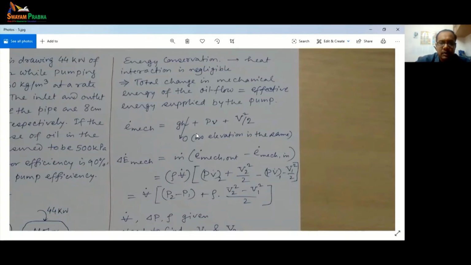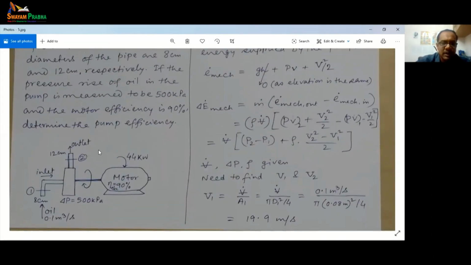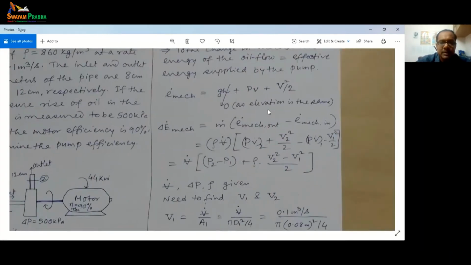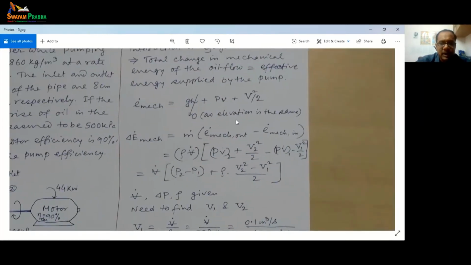So the gh plus your P into specific volume, that's the pressure energy, plus your kinetic energy, that's the velocity squared by 2, per unit mass. Now for this particular problem, the elevation change made by the pump is negligible, so this gh term we don't have to consider at all.